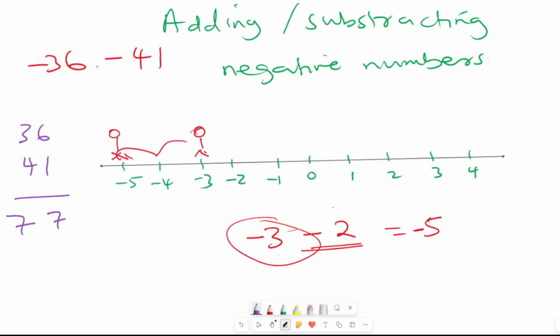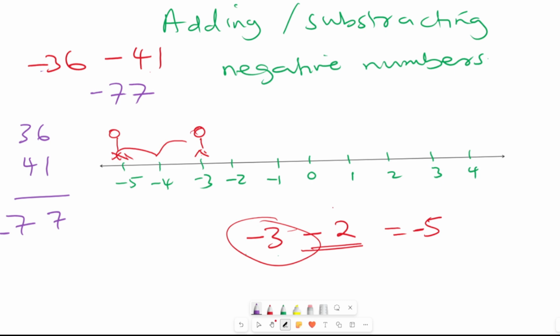And because both of them are minus and minus, now bring the minus. So minus 36 minus 41 becomes what? Minus 77. It's very easy when you have two minuses interacting. Just forget about them, the minuses, add them, and then bring the negative sign for the total that you get.